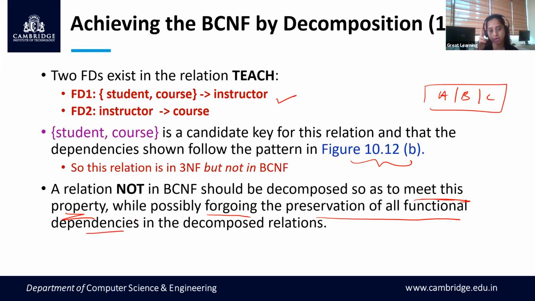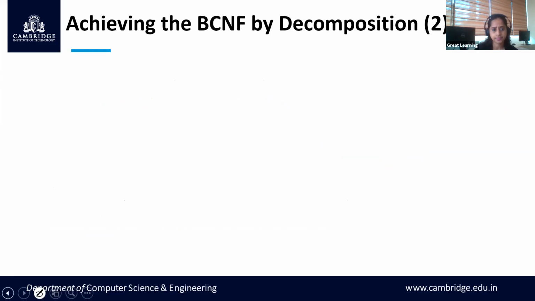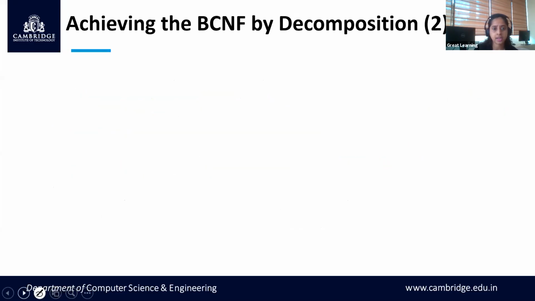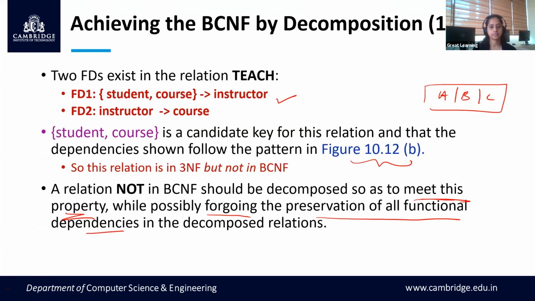There are two important rules when I'm decomposing: I have to preserve my functional dependency. And what is my next one? What is my next one? I myself have forgotten. What is my next point? This non-additive join property.